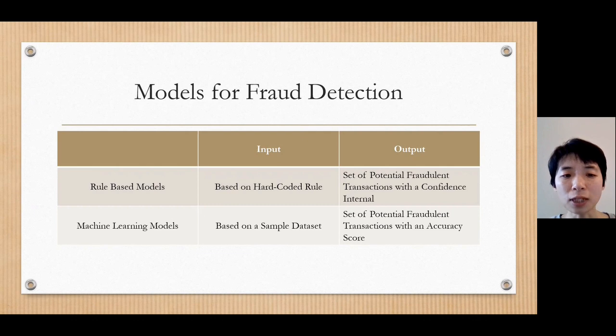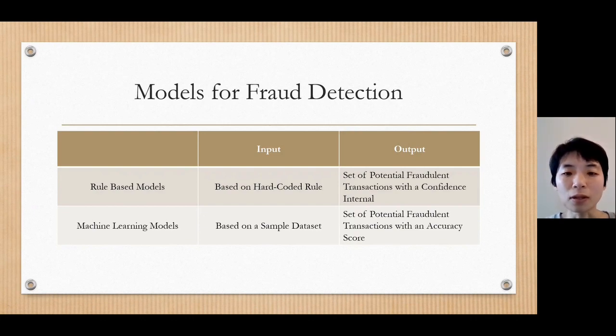The problem with this kind of model is that it's dependent on your past experience, which is prone to bias and other personal opinions that you may think are relevant to fraud detection, which may not be.